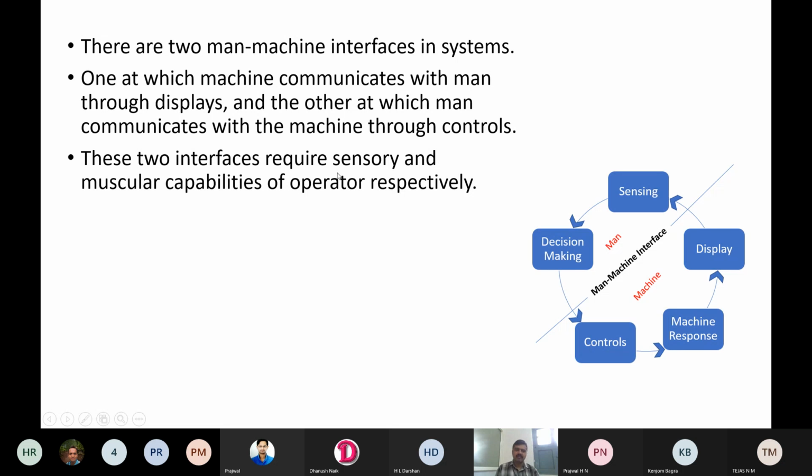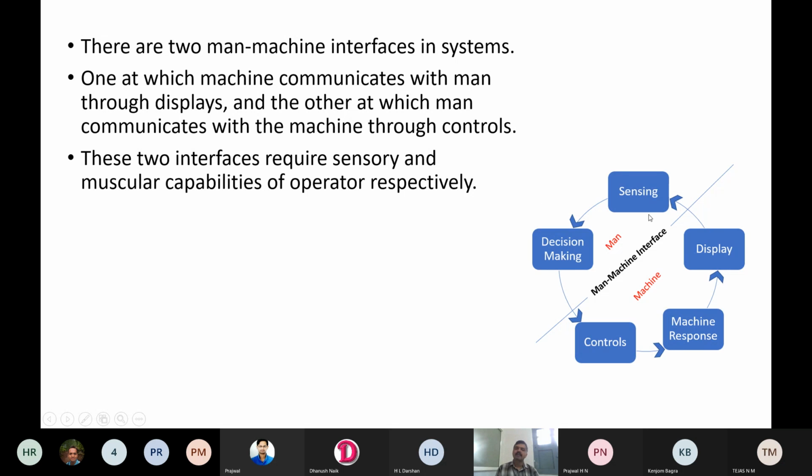These two interfaces require sensory and muscular capabilities of the operator respectively. In order to look at the display and understand what it is displaying, you need sensory capabilities. That means your eye must be able to read, so you should have very good vision.